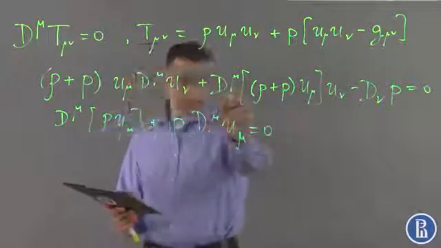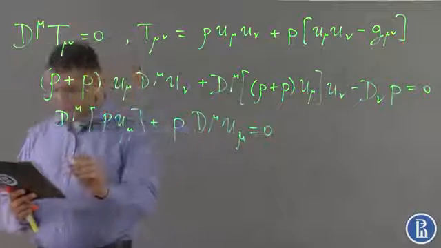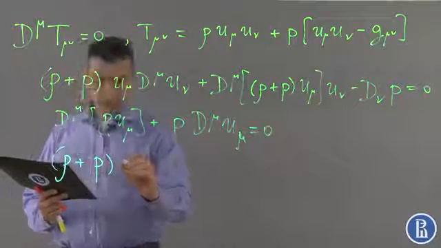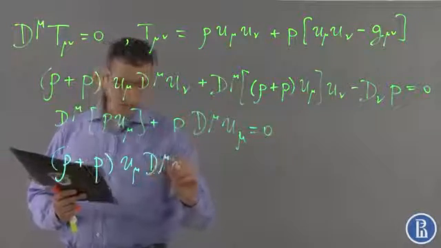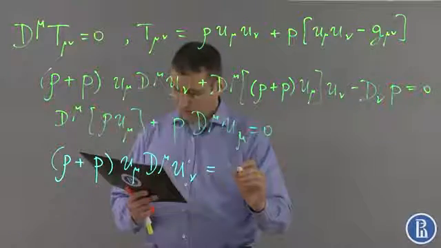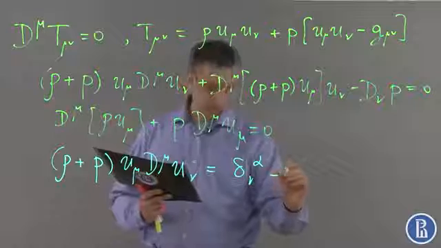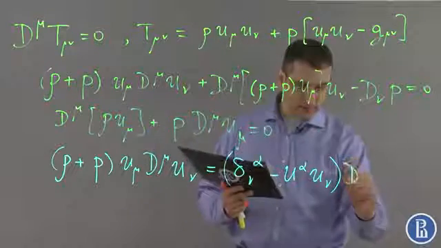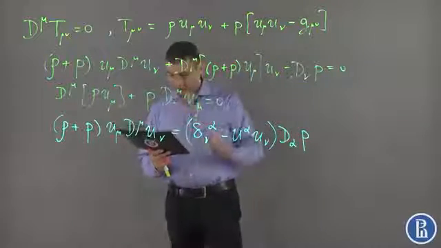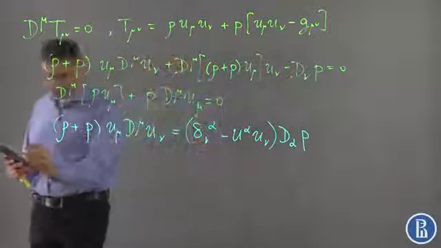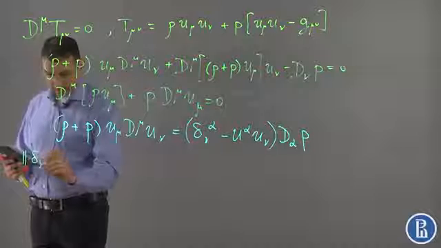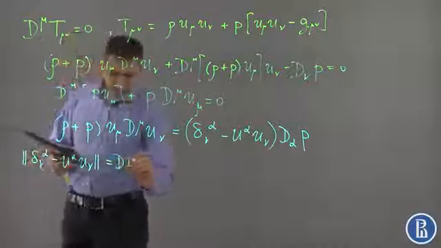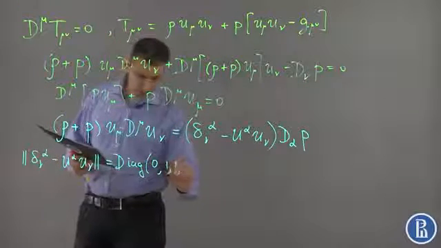So if we use this equation here, we obtain the following relation: (ρ plus p) u^μ ∂_μ u_ν is equal to (δ_ν^α minus u^α u_ν) acting on ∂_α p. And if one looks at the matrix of this tensor, it is diagonal, 0, 1, 1, 1.